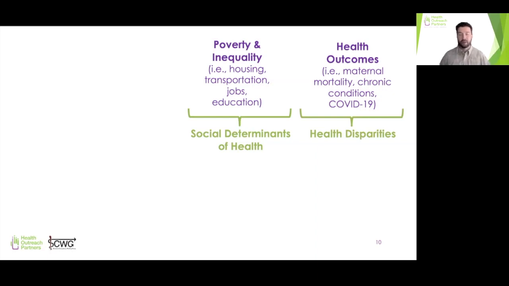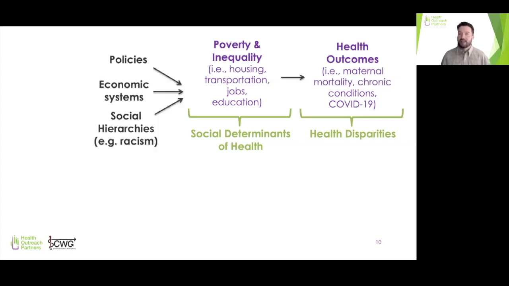So the social determinants of health, hopefully it's a term that most of you are aware of now, where factors such as housing access, access to transportation, income levels, job access, education, are correlated to health outcomes for certain groups and in certain communities. But what this presentation today is looking to demonstrate and help us gain a shared language around is that there are factors that have created these social determinants of health.